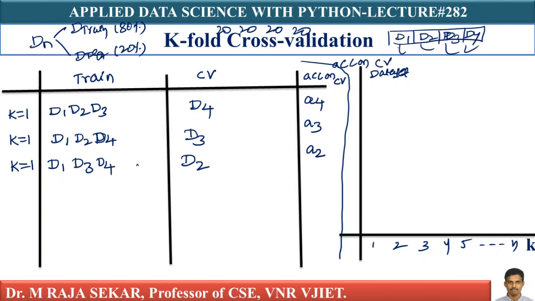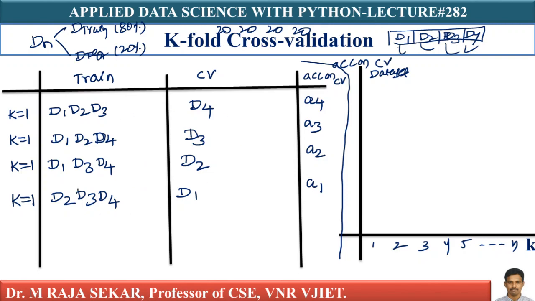This is my accuracy on the cross validation data set. Let me take again k equal to 1. This is the fourth time, and I am considering D2, D3, D4 as my training data, and I will use D1 as my cross validation data. I will get A1 as my accuracy for k equal to 1.